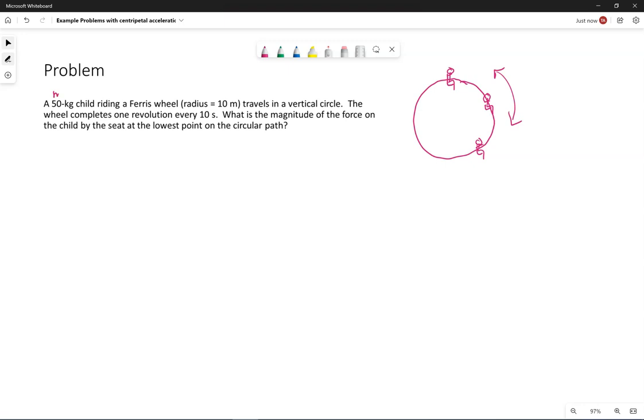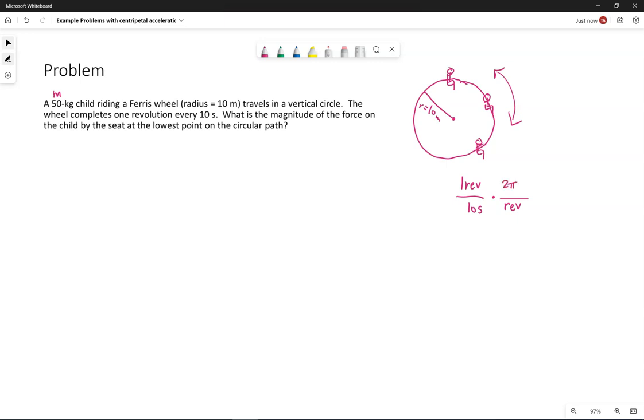So we have the mass of this child, the radius of this particular Ferris wheel, 10 meters. It's traveling in a vertical circle. They're telling us that it completes one revolution in 10 seconds. A revolution means a full circle.